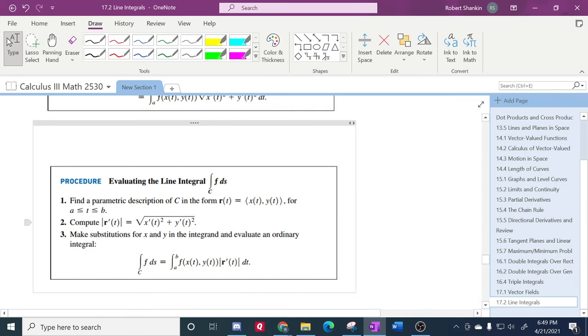And then compute the magnitude of r prime, which is the speed. Make substitutions for x and y in the integrand and evaluate an ordinary integral.